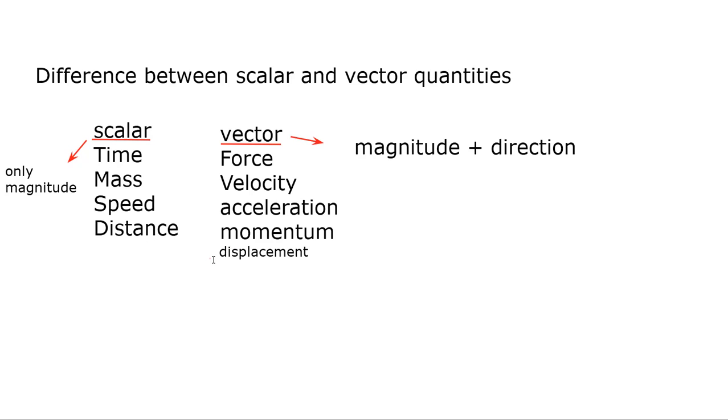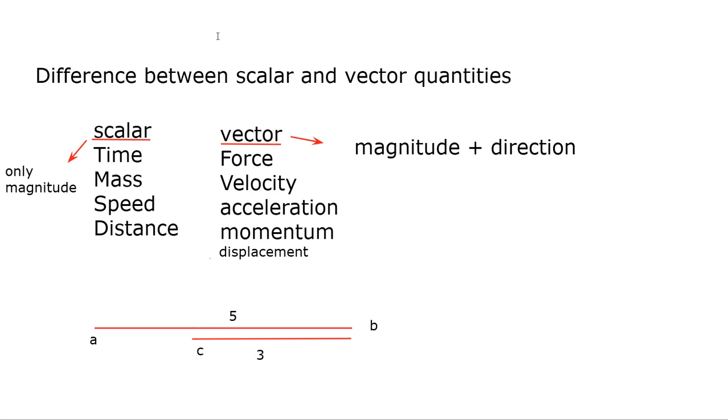I will show you the difference between these two. For example, if there is a person, he covered this distance. So he went from position A to position B and then to position C. The distance between A and B is 5 kilometers and B and C is 3 kilometers.